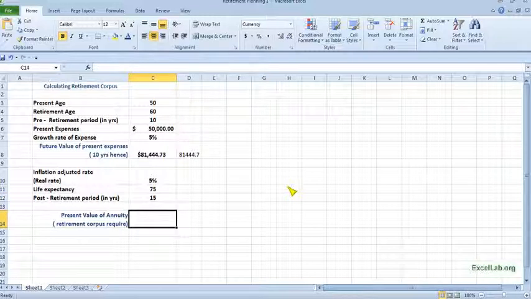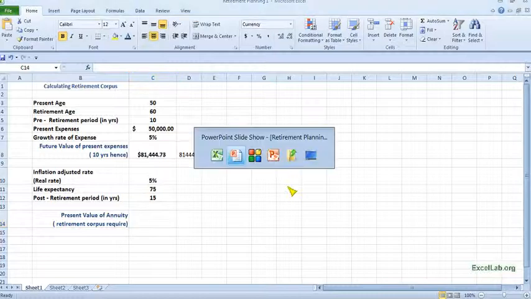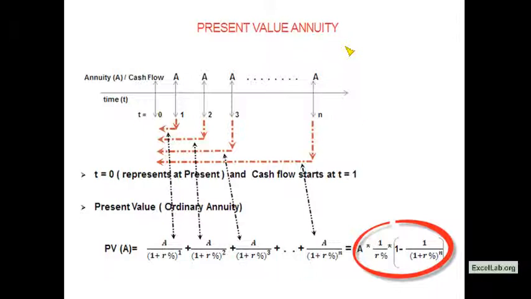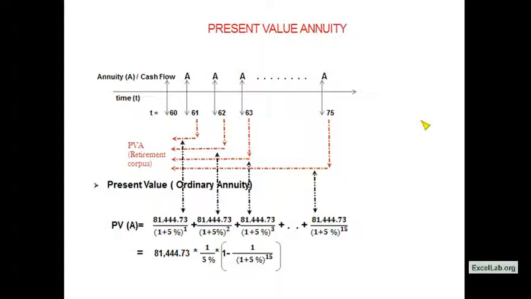Next we'll see the present value of annuity, and first let me remind you of the time value of money concept. This is the present value of annuity, and this is how it works. He will retire at 60, and then 61, 62, 63 until 75 is his post retirement period. When we put it in the formula, we get the value.